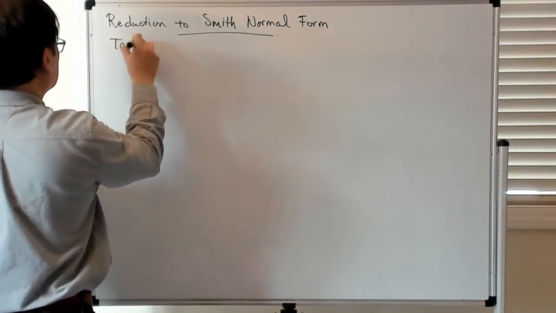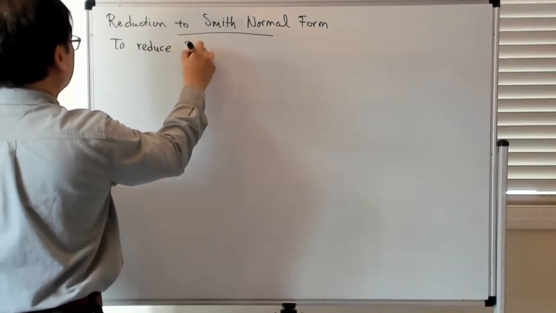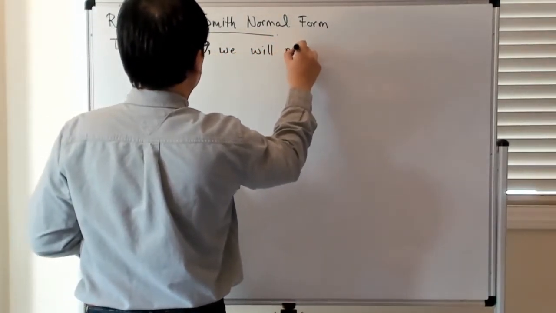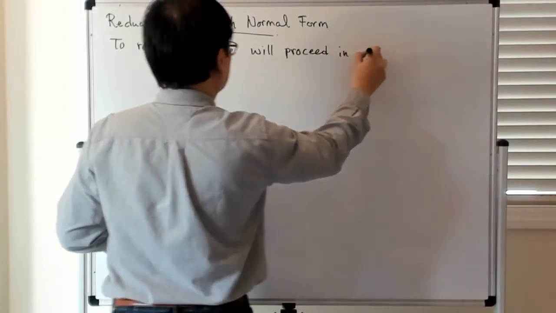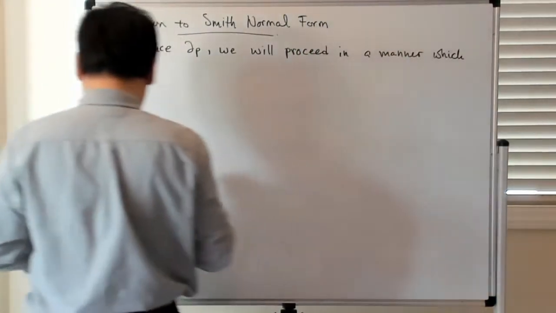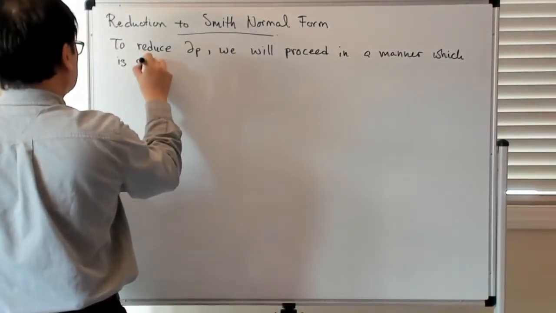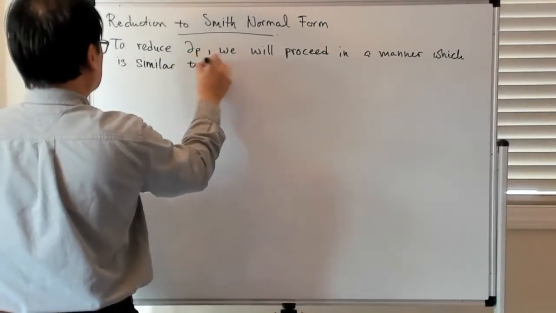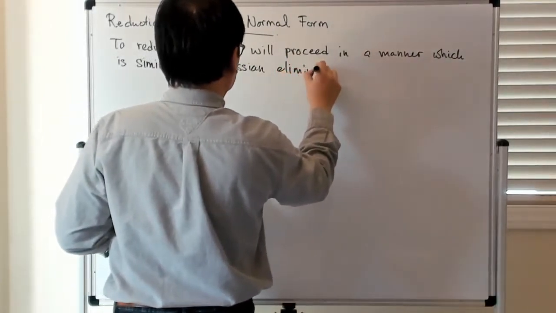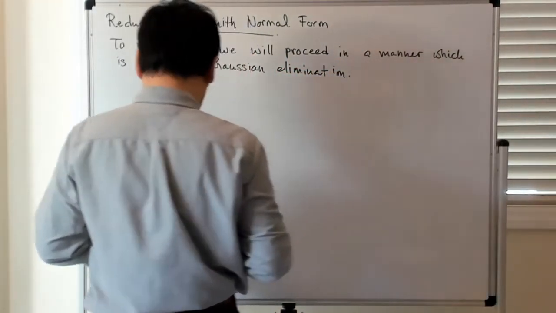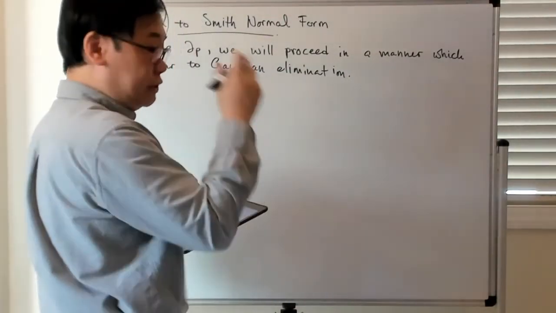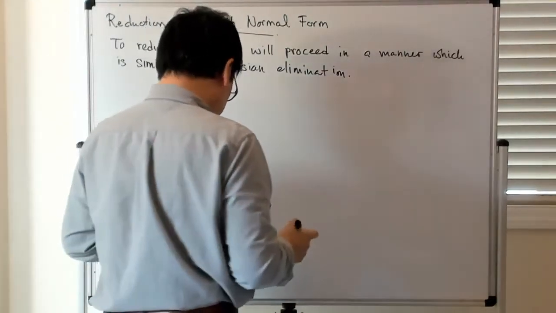So to reduce the boundary matrix, we will proceed in a manner which is similar to Gaussian elimination. So we move basically a 1 to the upper left corner, and then we zero out the rest of the matrix, right?